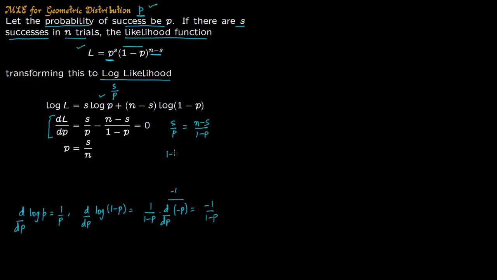Now this further becomes (1 minus p) by p is equal to (n minus s) by s. Now you add 1 to both sides. This will give you p plus (1 minus p) by p, which is equal to (n minus s plus s) by s. So now you just do the cancellations.